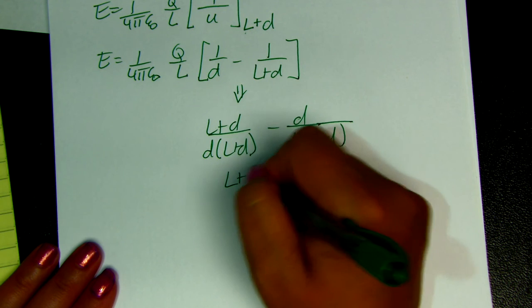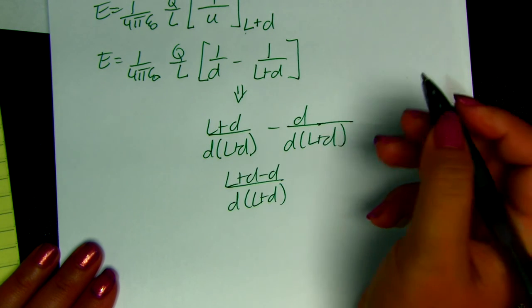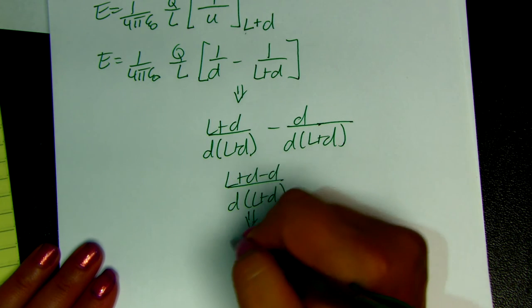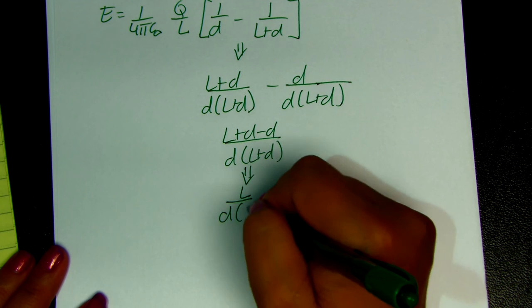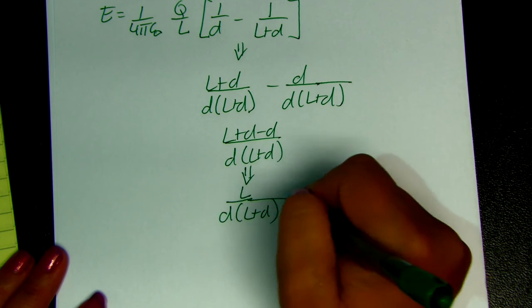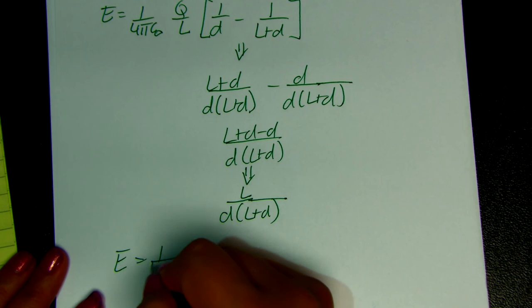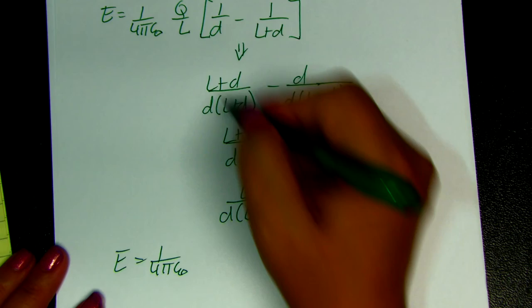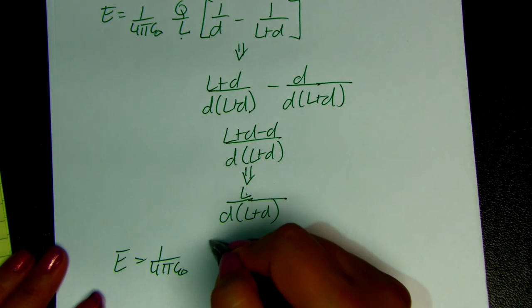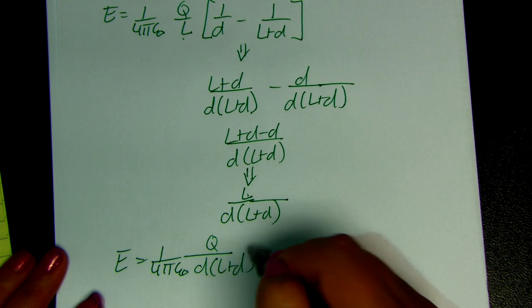That gives us L plus D minus D over D(L plus D), which gives us L over D(L plus D). And now we can bring all this down and we get that this is equal to 1 over 4 pi epsilon naught. We can see that this L cancels that L, so we have Q over D(L plus D).